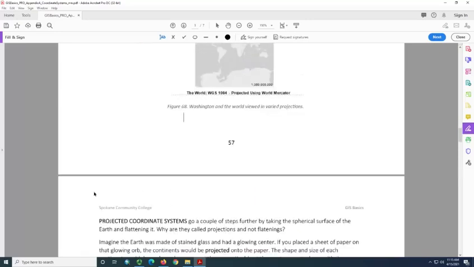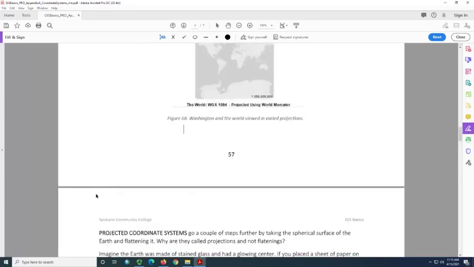Something that you should know, and I should have made a better spot for this, but we'll just type it in right here: you should know that geographic coordinate systems are not suitable for measurement. GCS, geographic coordinate systems, are not suitable for measuring area.